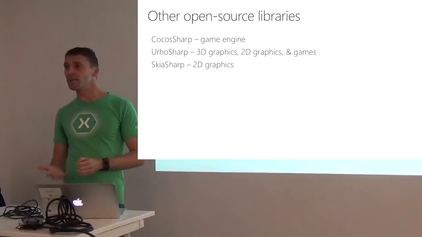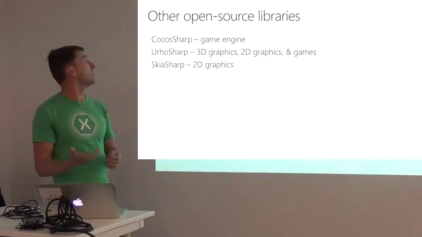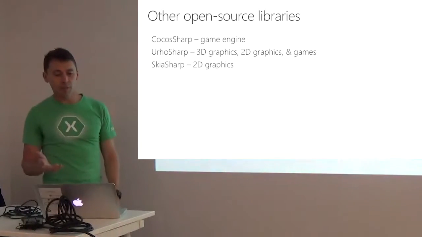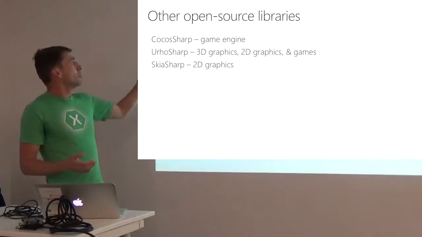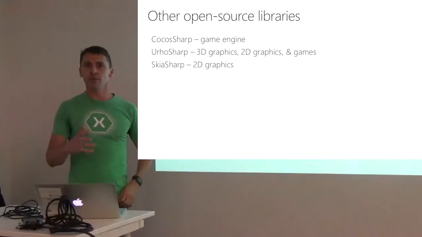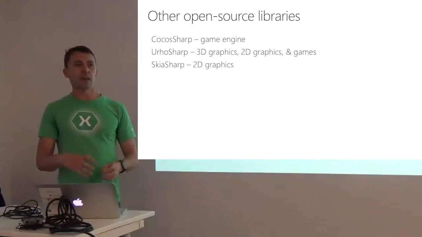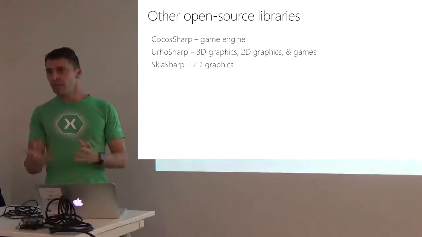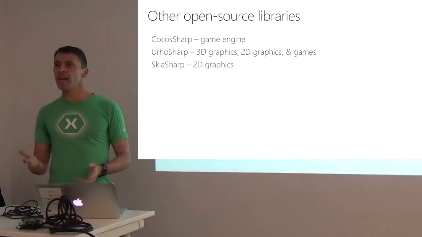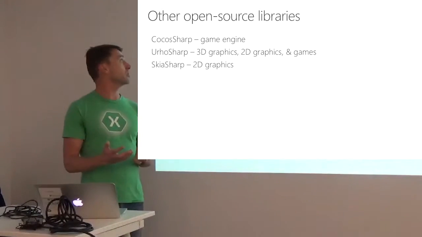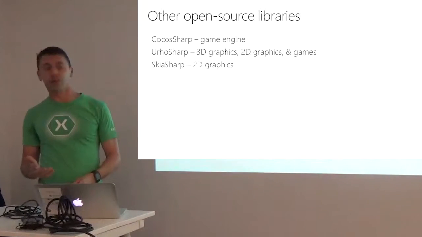You might not use it for games, you might use it for business data visualization, but that can easily be plugged into Xamarin.Forms. UrhoSharp is a 3D gaming engine and graphics engine that can let you put 3D graphics, again, whether it's a game or some sort of data visualization, you can pull that very easily into Xamarin.Forms.